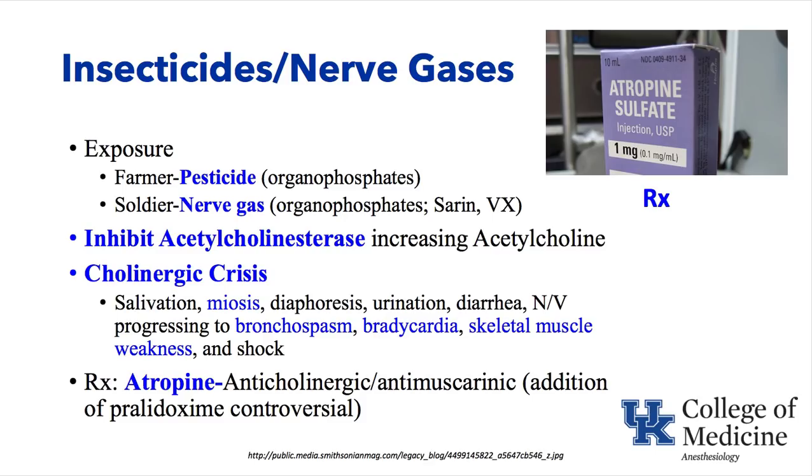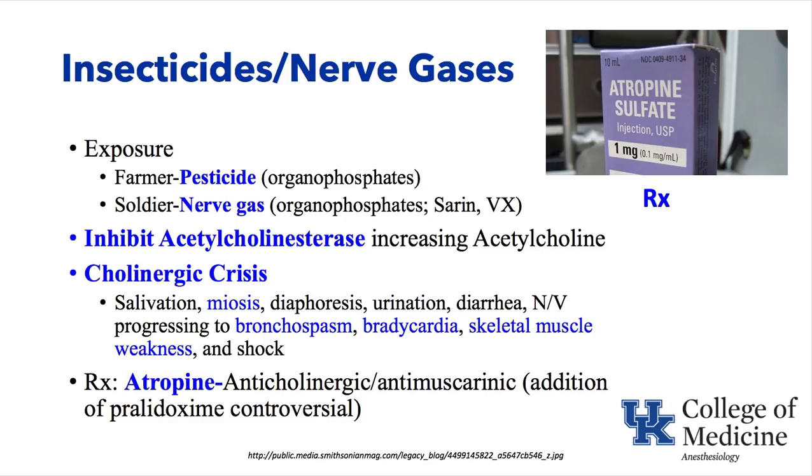When you have lots of acetylcholine around, what happens? You salivate, your pupils are small, you sweat, you can urinate and defecate, nausea, vomiting, bronchospasm, and slow heart rate. And if you have massive amounts of acetylcholine present, they can get very weak, skeletal muscle weakness. Atropine, which blocks acetylcholine, with anticholinergic, antimuscarinic effects, is utilized in the treatment of insecticide and nerve gas poisoning.